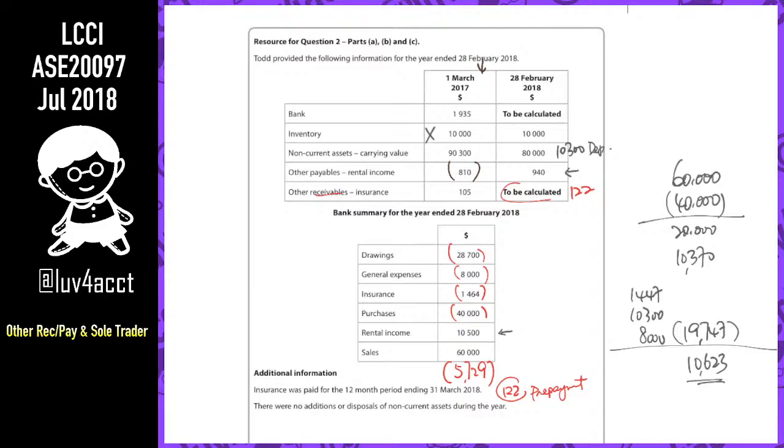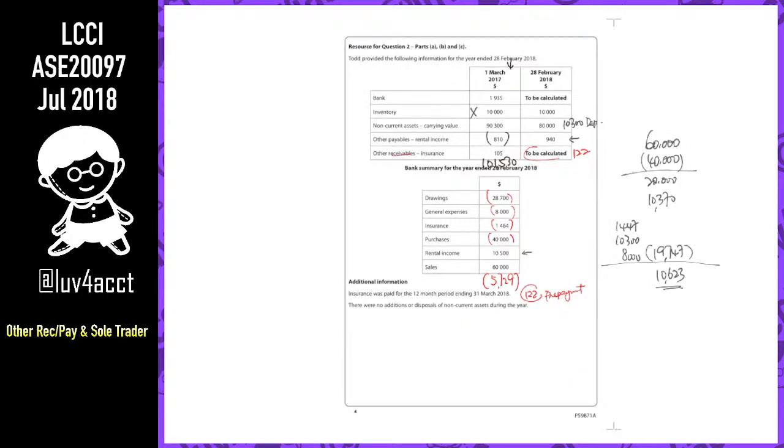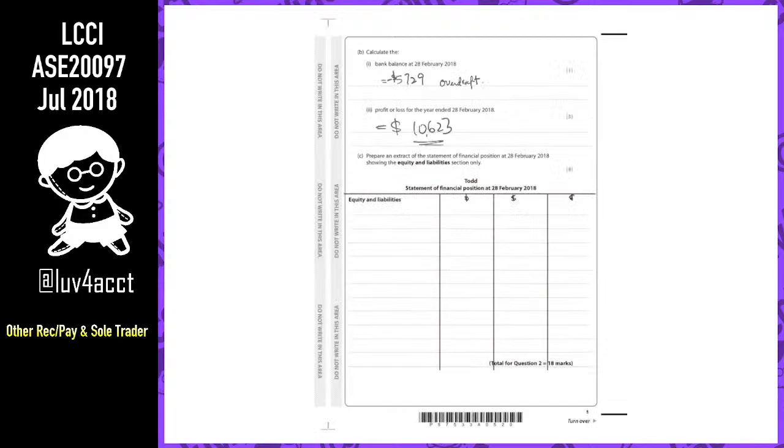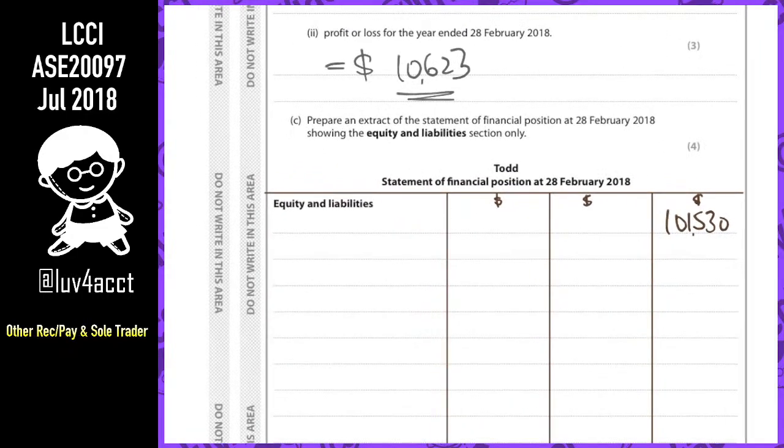Payables is debit. 1935, 10,000, 90300 minus 810 plus 105. 101530, being the opening balance.